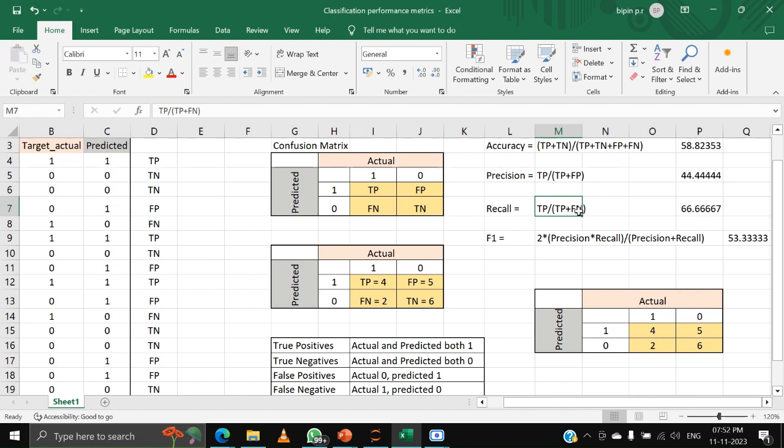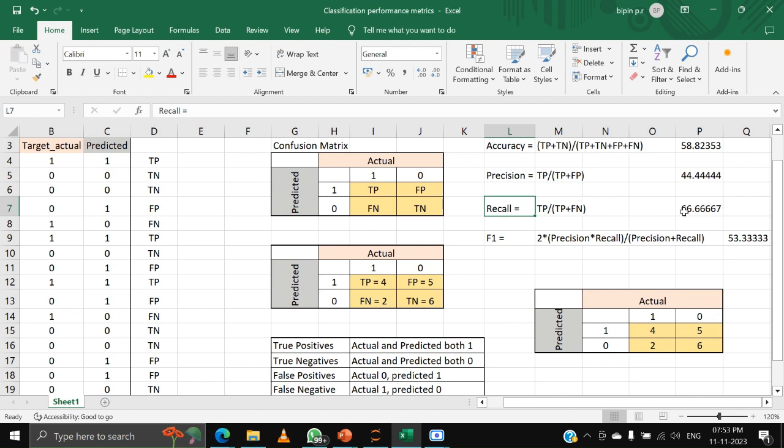So FN is actually positive only. FN means it should be positive, but classified as 0. That is why I have taken this in the denominator: TP plus FN. TP is true only, no doubt about that. But FN also should be positive, but classified as negative falsely. So out of the total positives, how many are correctly classified as positive, true positives. That is the recall.